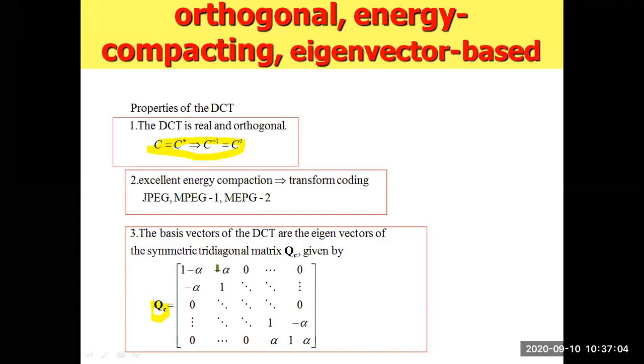The basis vectors are formed like 1 minus alpha, 0, and so on. If you observe the diagonals, and you form a matrix using the above formula, you will get the symmetric matrix.